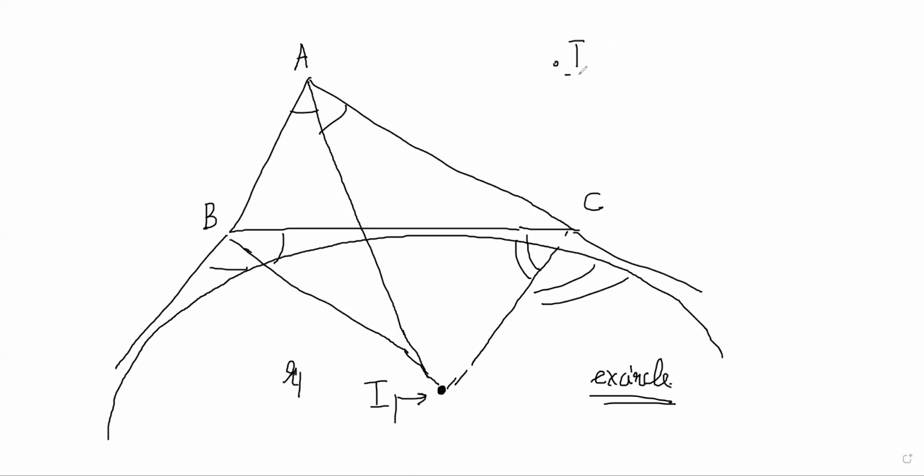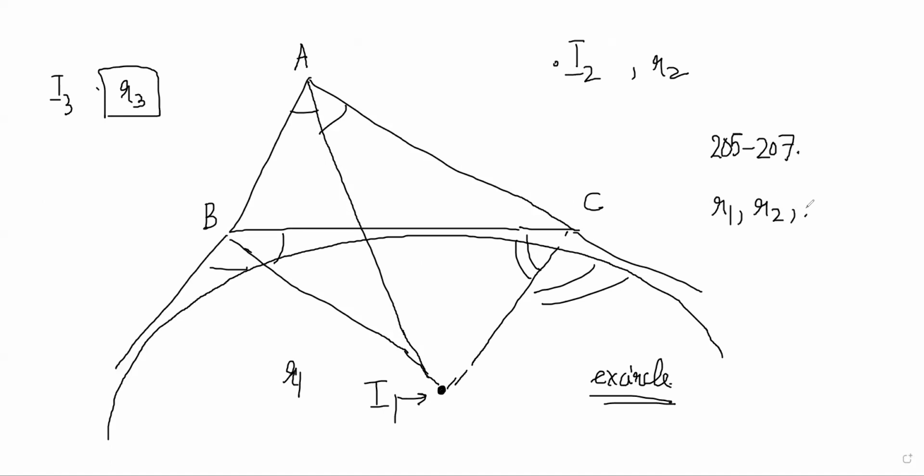Opposite to B, it will be I2 and the radius will be R2. And opposite to C, it will be I3 and the radius will be R3. Right? Yes, sir. In articles 205 to 207, he is deriving how to get the formulas for R1, R2, R3 and all. You need to read those derivations and see if you are understanding what is happening.